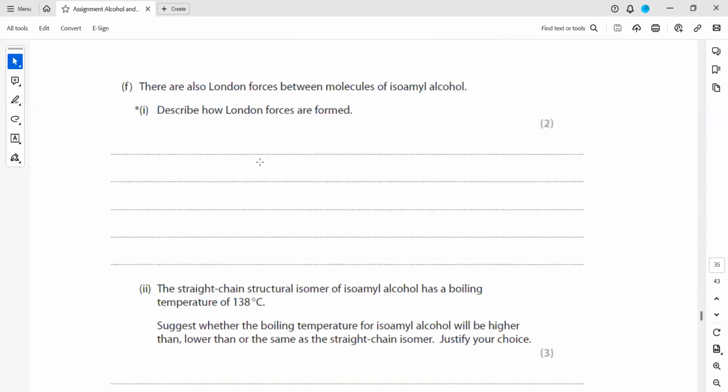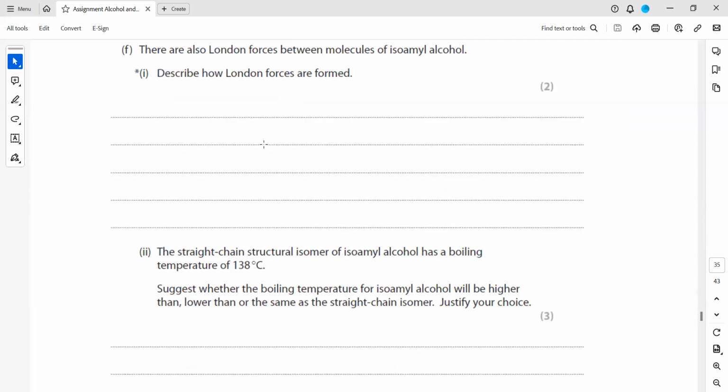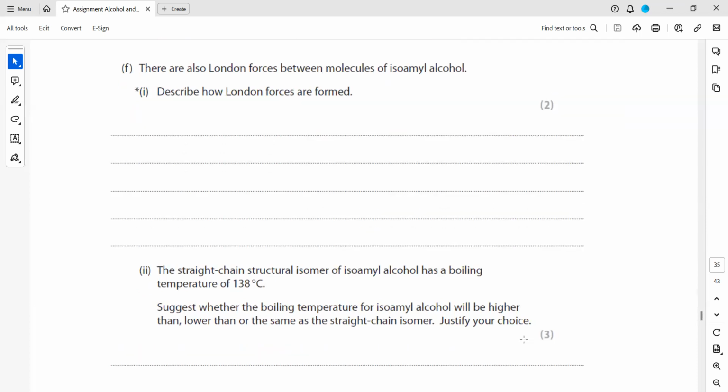There are London forces between the molecules of isoamyl alcohol. How are London forces formed? This is a static question, meaning the structure of the answer is important. So how are London forces produced?